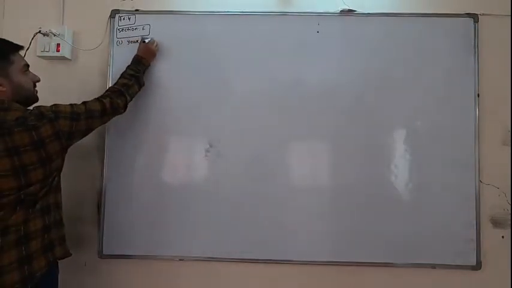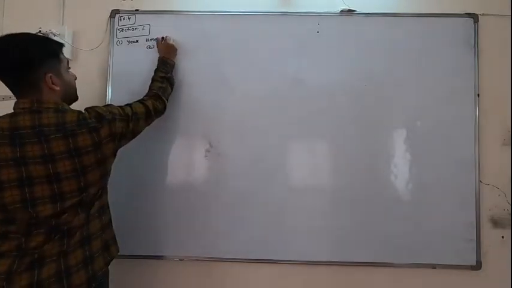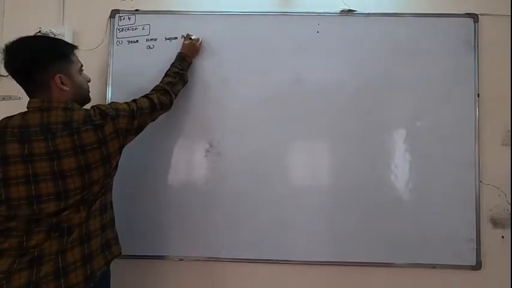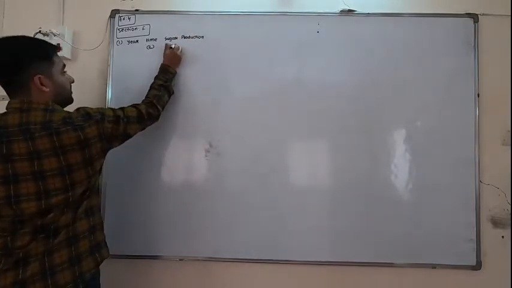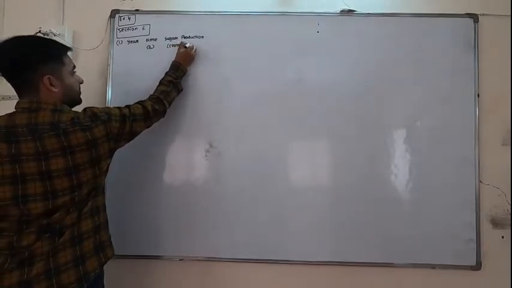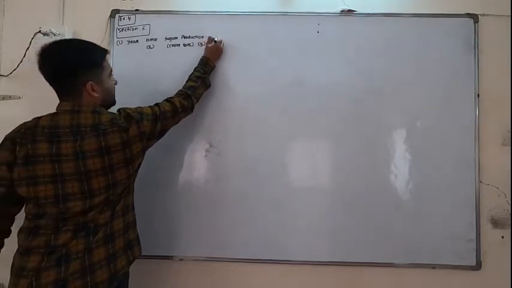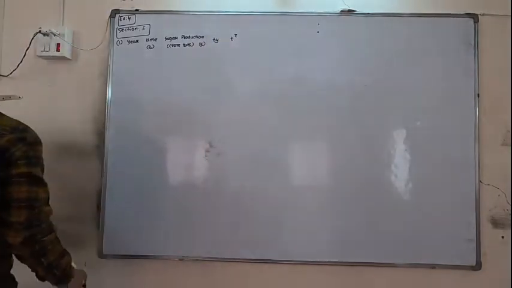Year, time t, then sugar production in crore tons, that is y, then ty, t square.